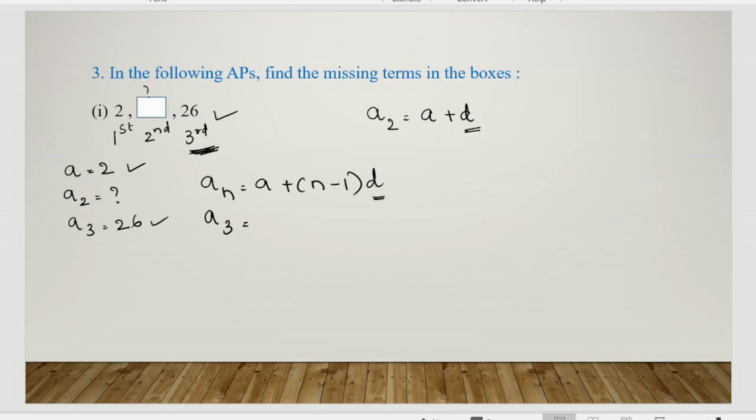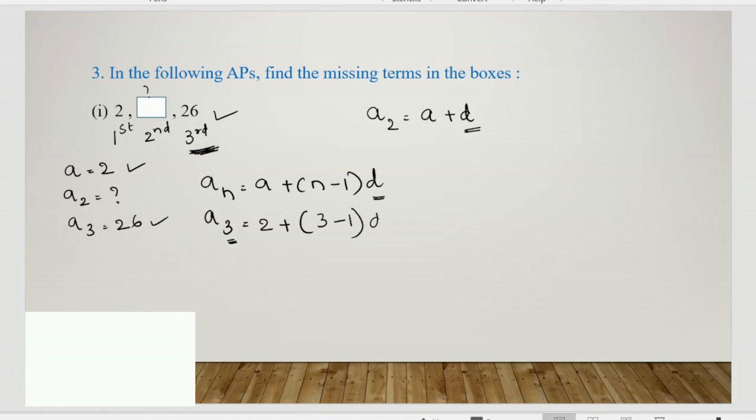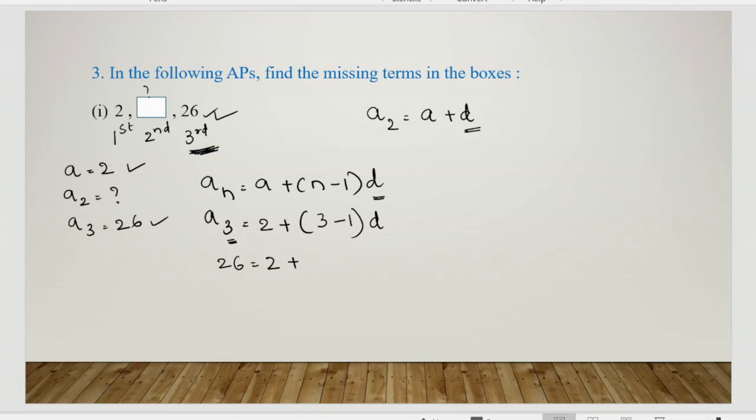A is 2 here plus what is n value? This will be the n value 3 minus 1 of d. A3 is 26. 26 is equals to 2 plus 3 minus 1 is 2 into d.